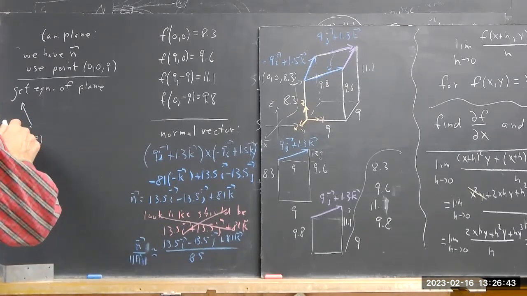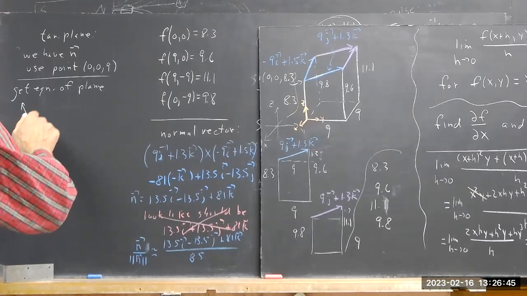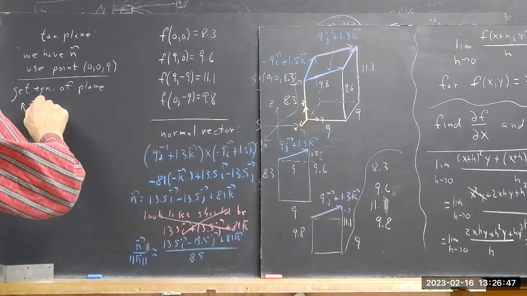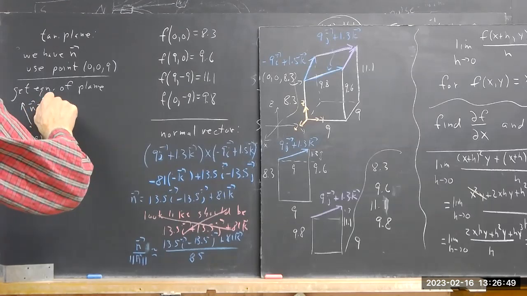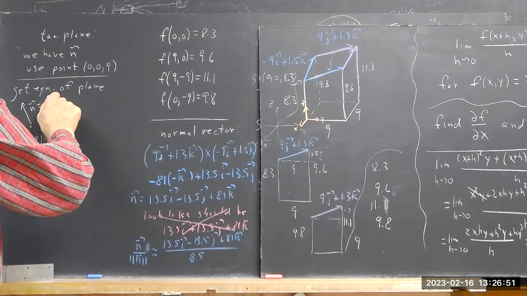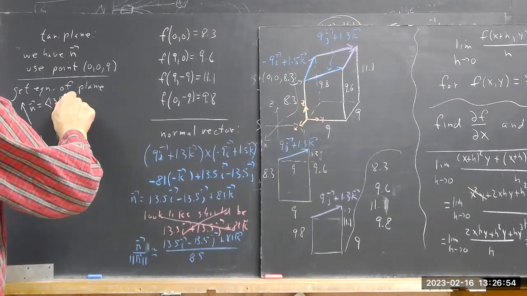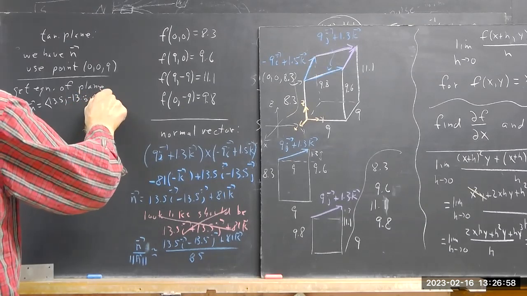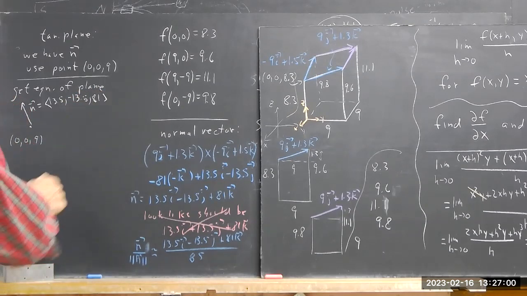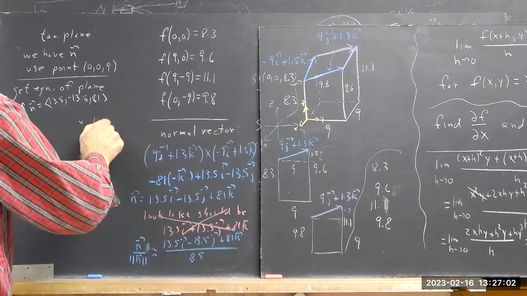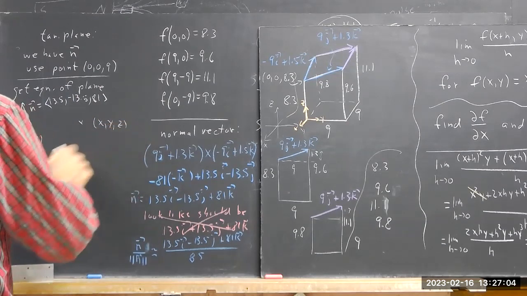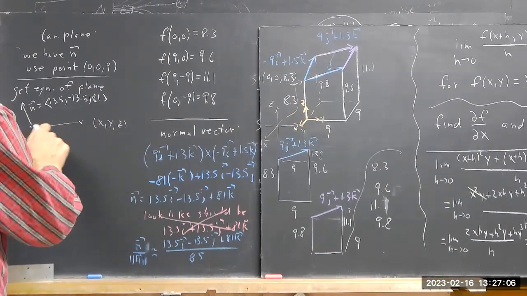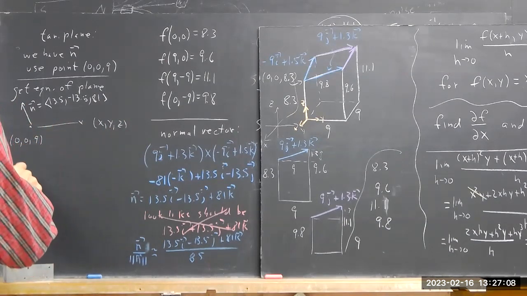We have a vector, I'll use abbreviated notation, 13.5, -13.5, -1. Then we have a point x, y, z.